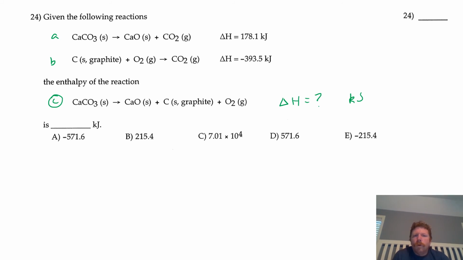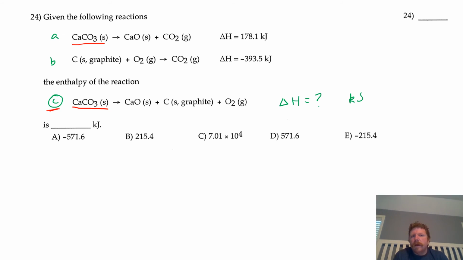Okay, so what you want to do whenever you're confronted with this sort of problem is find your staples, the things that don't change. Whenever I look at reaction A, what I see is that CaCO3 is my decomposition. That is the reactant that I'm decomposing in my overall reaction.